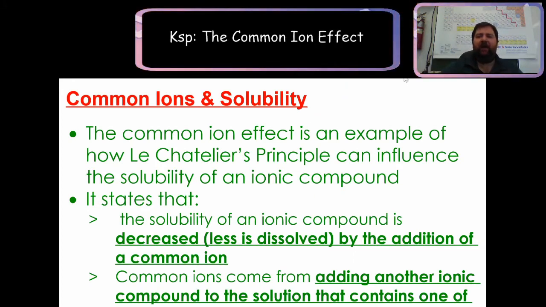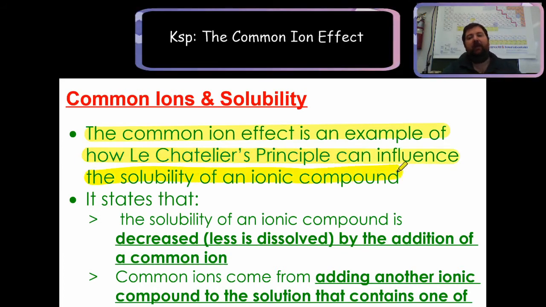The common ion effect is an example of how Le Chatelier's principle can influence the solubility of an ionic compound. It states that the solubility of an ionic compound is decreased by the addition of a common ion.